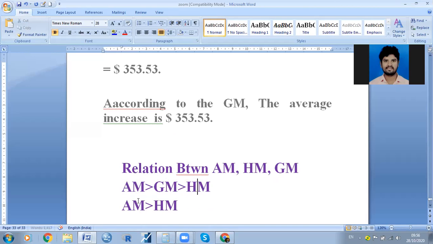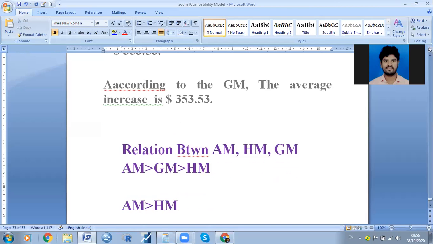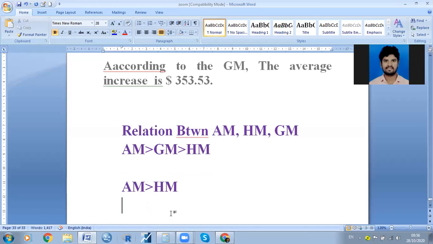Sometimes they will ask the question: what is the relation between these three? If you want to check whether it is correct or wrong, calculate the average of 2, 4, 6.